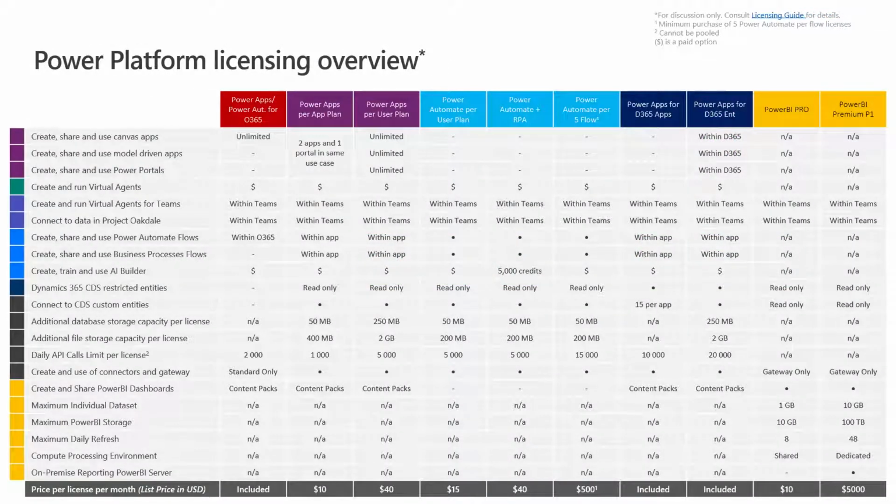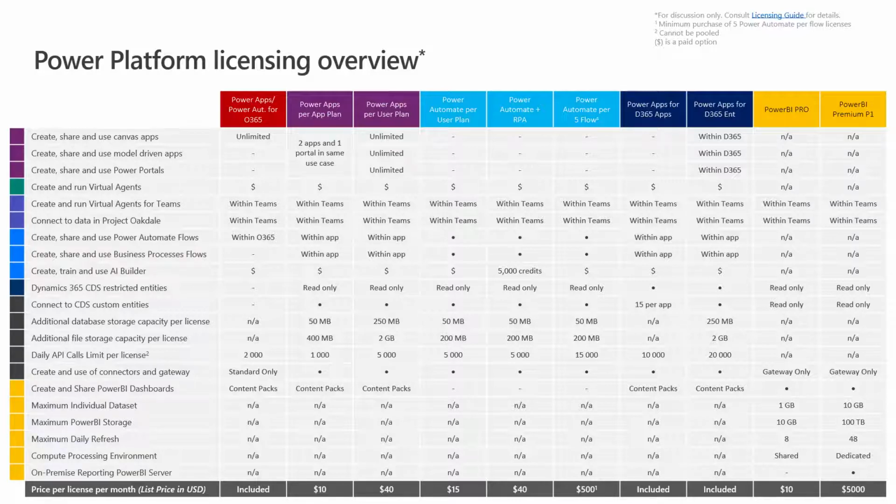This slide is awesome. I might spend a bit of time on this one because there's a lot of detail here, but actually this is probably one of the best slides I've seen that breaks down the licensing information. When you take a look at the list, right, you can kind of see very quickly how much things cost. First of all, a couple of things I want to draw your attention to. You will see very quickly that there's a line there that actually talks about restricted entities.